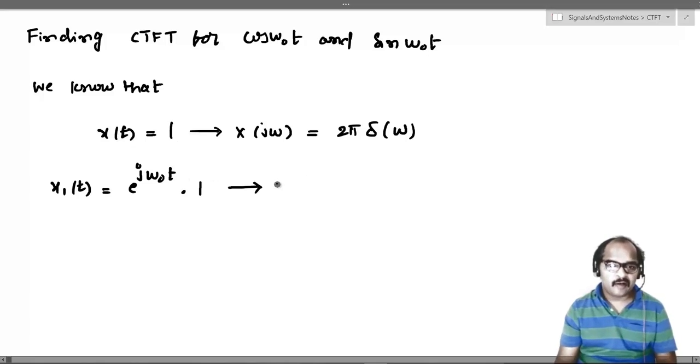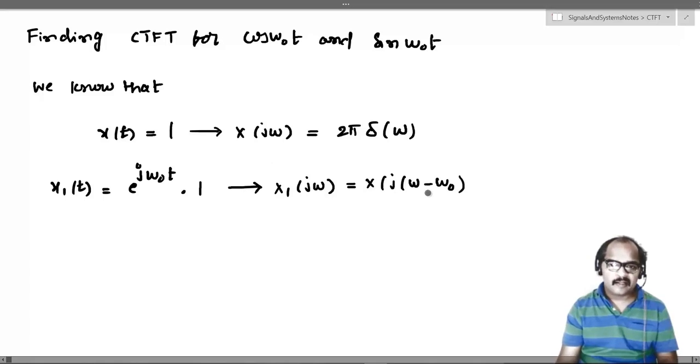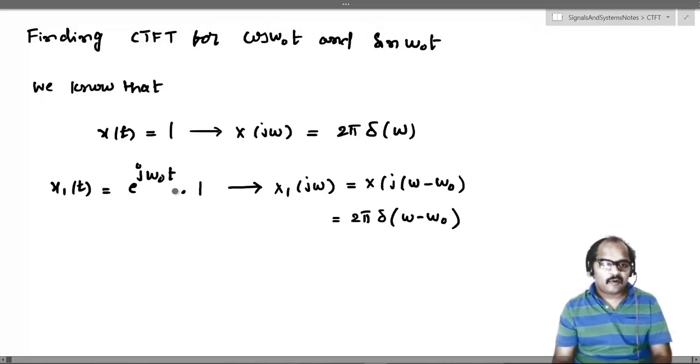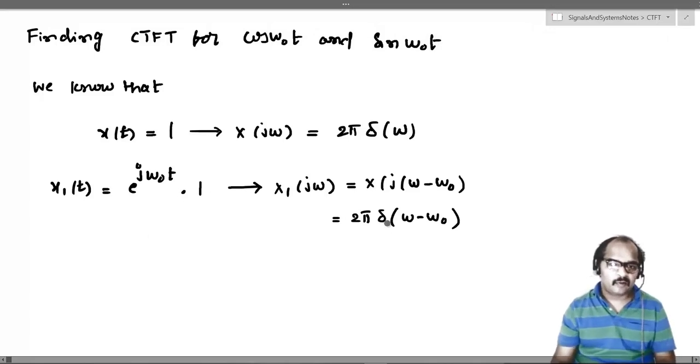So this fellow will have as Fourier transform X1 of j omega, which is equal to X of j omega minus omega naught. This would be equal to 2 pi times delta of omega minus omega naught. So we got the Fourier transform of e power j omega naught t to be 2 pi times delta of omega minus omega naught.